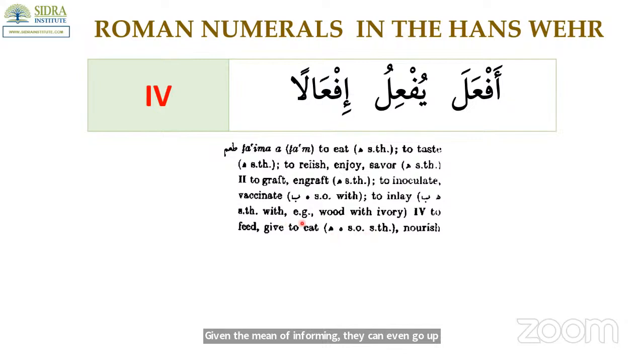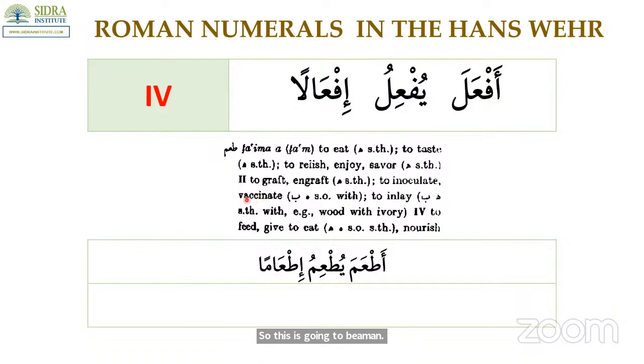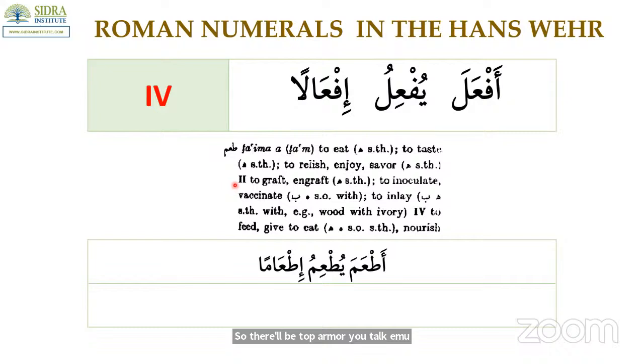Okay, so notice here number 4, أفعل يفعل إفعالا. So this is going to be أطعم يطعم إطعاما. Had it been number 2, it means to vaccinate someone with something. So that'll be طعم يطعم تطعيما. So number 2 would be باب تفعيل. But we are dealing with number 4 here.